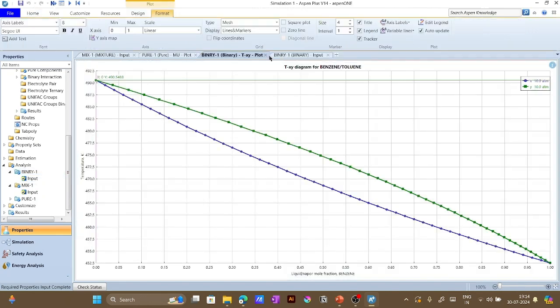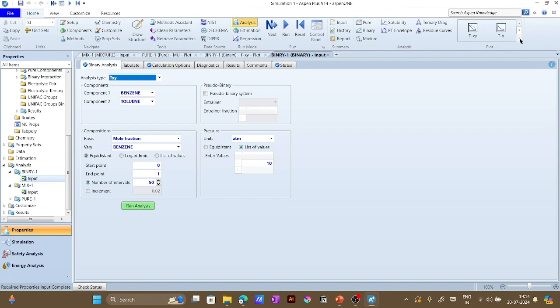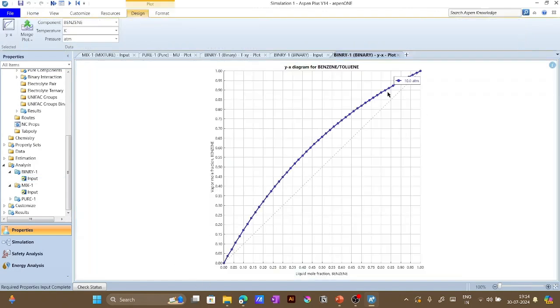Once it has generated this TXY diagram, let's say you want to see the XY diagram, or YX diagram. You can click here and then you will get a YX diagram. This is the kind of diagram you have used for the McCabe-Thiele calculation to find the number of distillation stages for your system, right? So you can do it from here also.